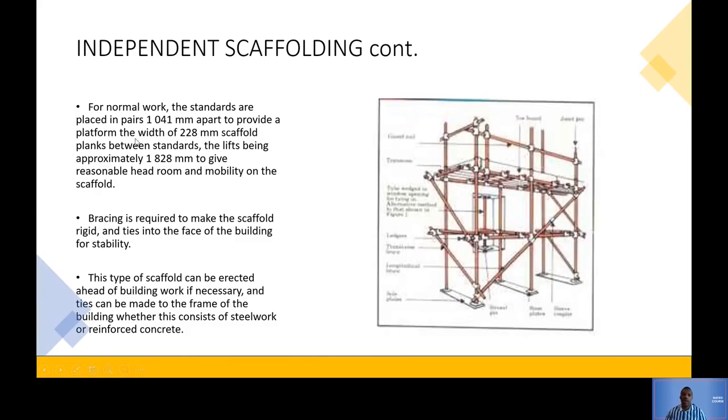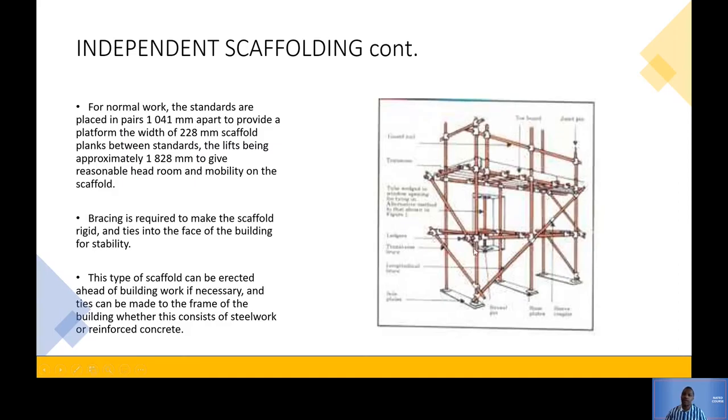Okay, so talking more about the independent scaffolding. For normal work, the standards are placed in pairs. So these are just some numbers for guidance, but not all scaffolds have to be like these dimensions. There's scaffold design, the people that specialize in scaffolds, they design scaffolds based on the work that's required on site.